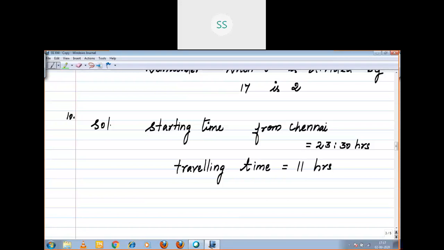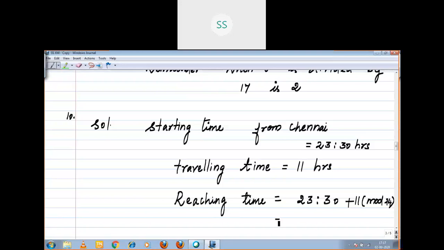Reaching time, we are going to find out what is the reaching time. Reaching time is equal to 23:30 plus 11 modulo 24.